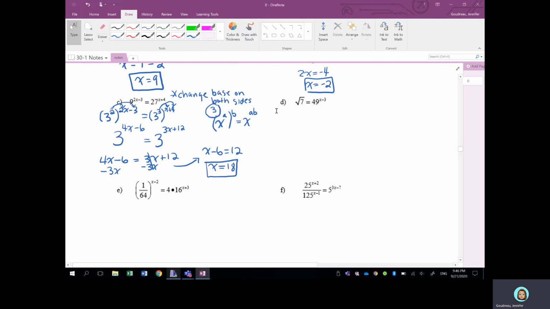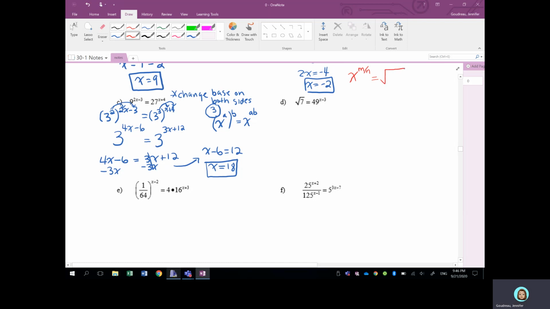Part D. Now, part D looks a little weird because it looks like we don't have an exponent on this side, but we do. So I'm just going to remind you of an exponent law that we have when we have a rational exponent. When I have x to the power of m over n, an exponent that's a fraction actually implies that we have a radical.